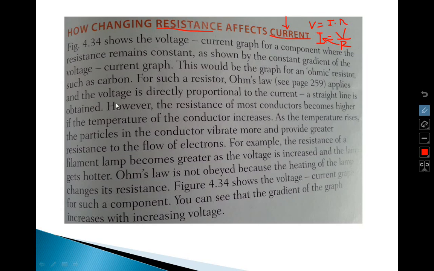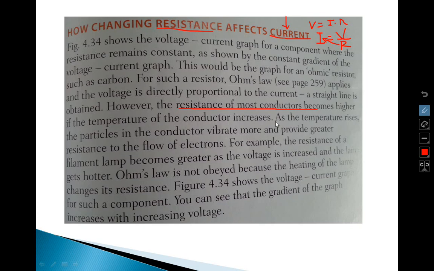We can say that the resistance of most conductors becomes higher as the temperature of the conductor increases. As the temperature rises, the particles in the conductor vibrate more and provide a greater resistance to the flow of electrons.